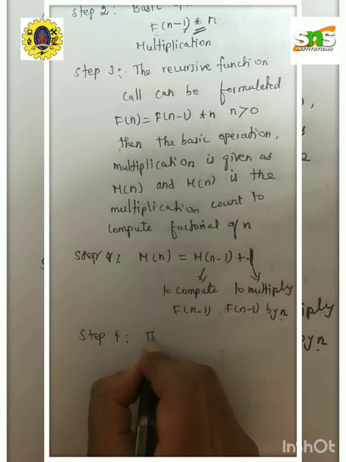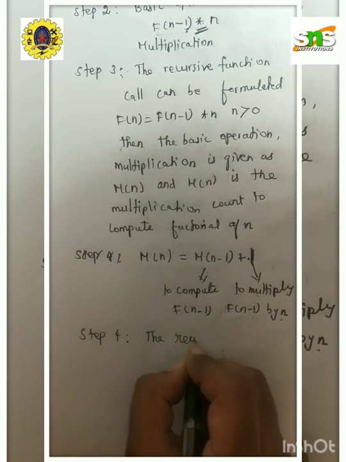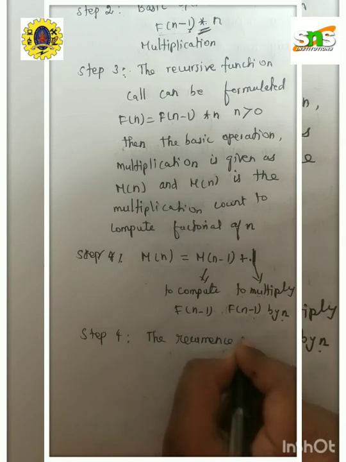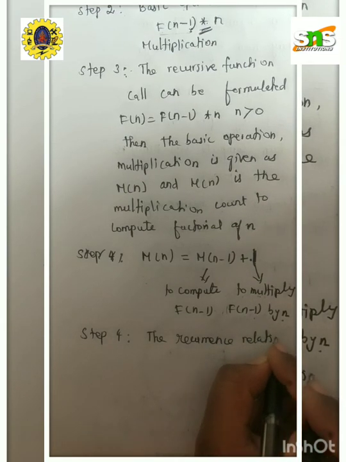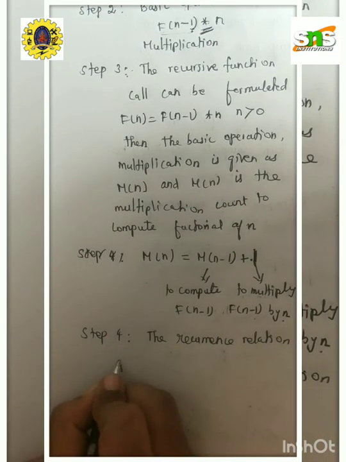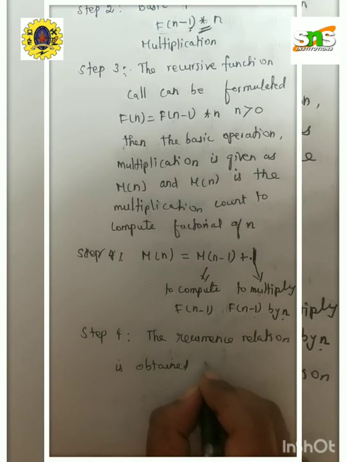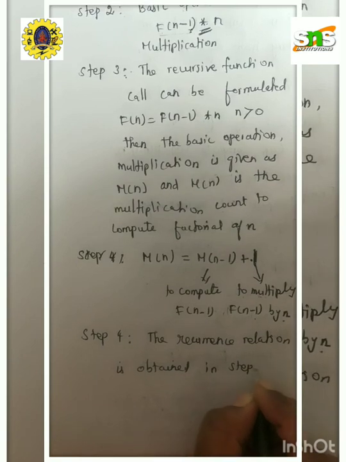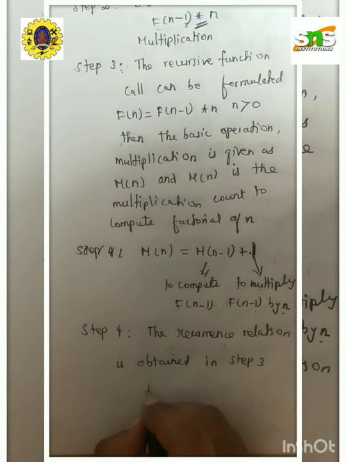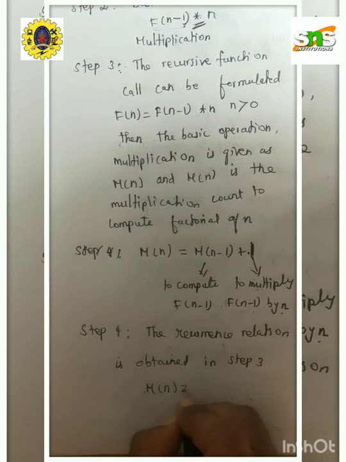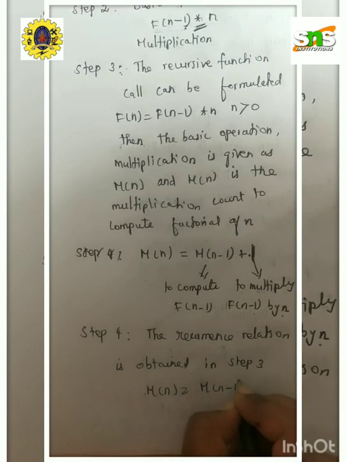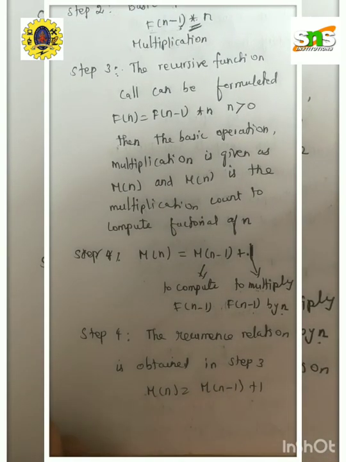So the recurrence relation obtained in step 3 is m of n equal to m of n minus 1 plus 1. Okay.